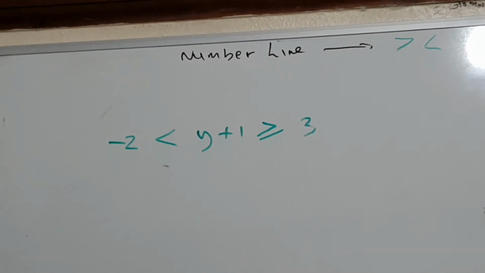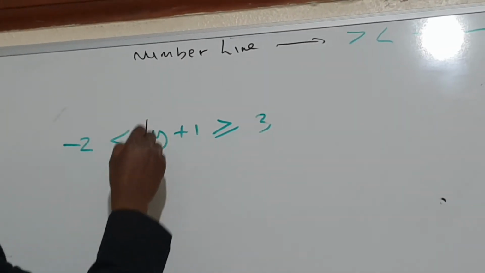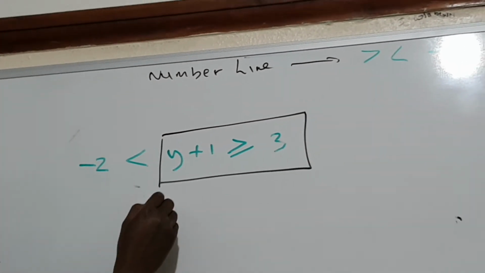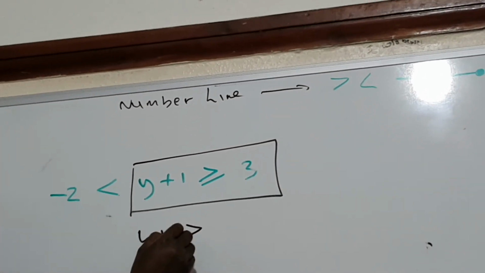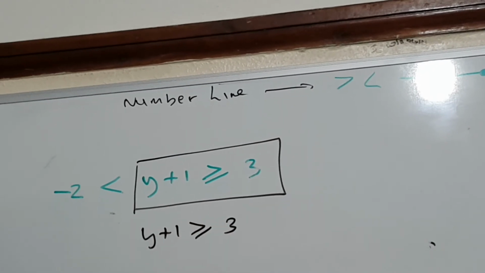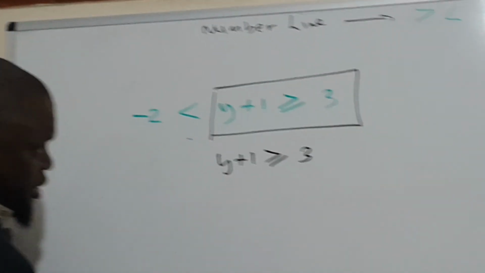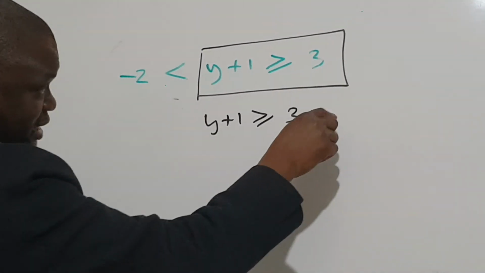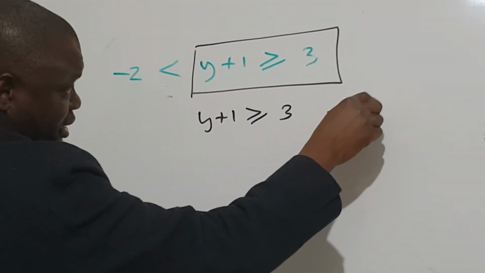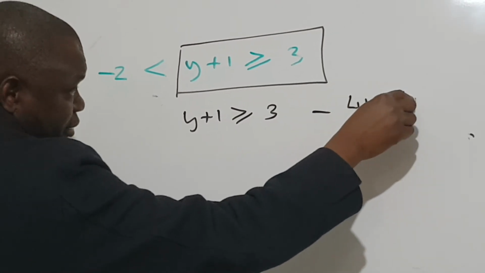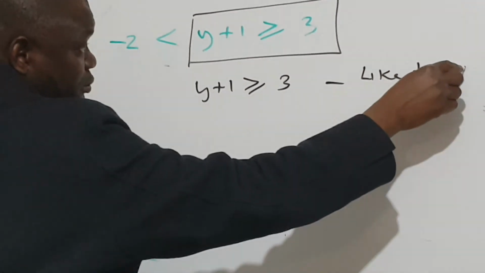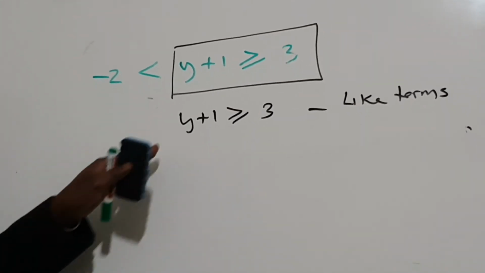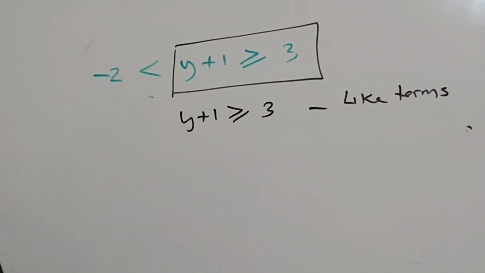Now if you look at this equation here, let me put this line here. They said y plus 1 is greater than or equal to 3. Now we have to solve this out. What we do in algebra, we arrange like terms. That means the ones that look similar. Y and 1 are not alike.